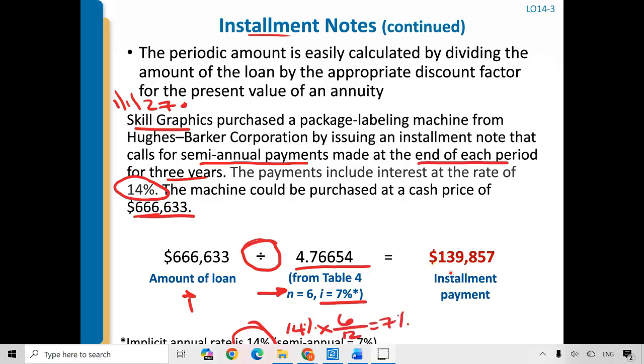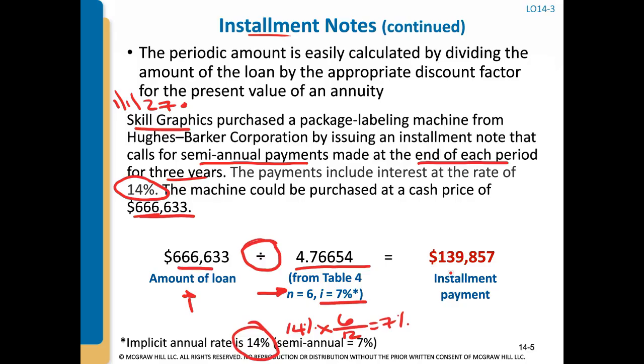Then you take that loan amount of 666,000 divided by the factor of 4.76654, and you get $139,857. This is your semi-annual payment that will be paid to pay off this loan every 6 months.